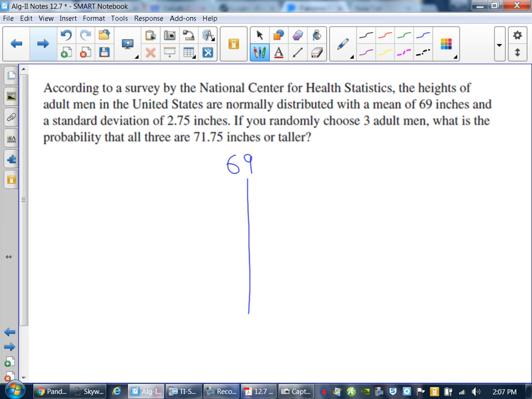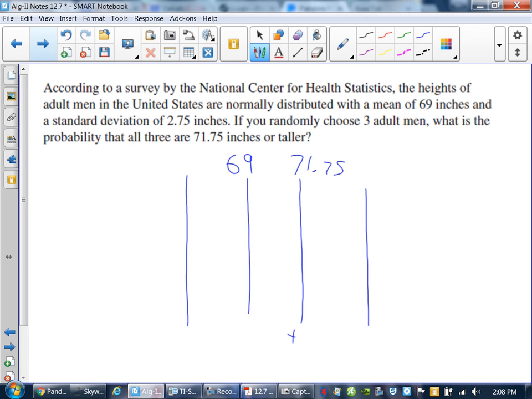So that means it also has a standard deviation of 2.75 inches. If I add 2.75 to that, I get 71.75 inches. If I add another 2.75 inches, that's up 2 standard deviations.